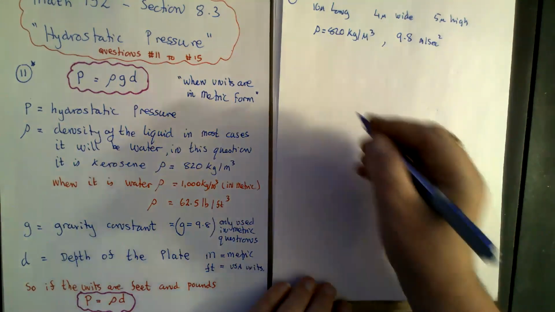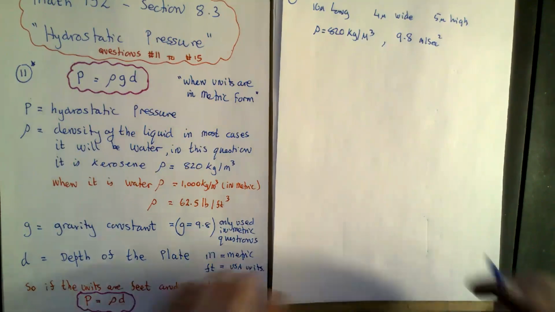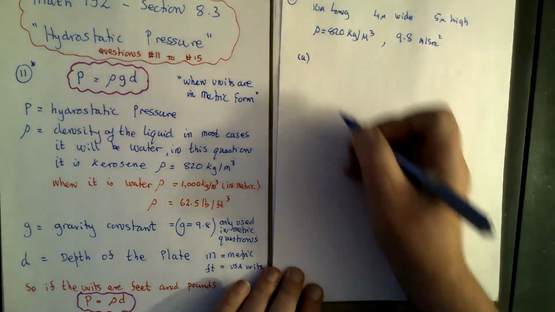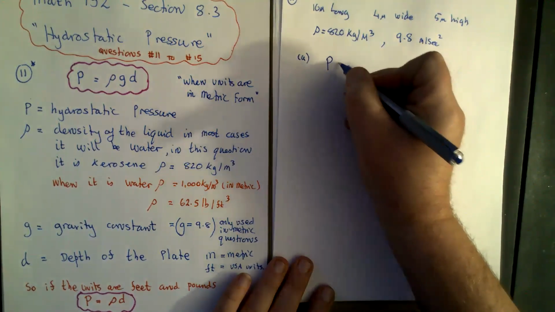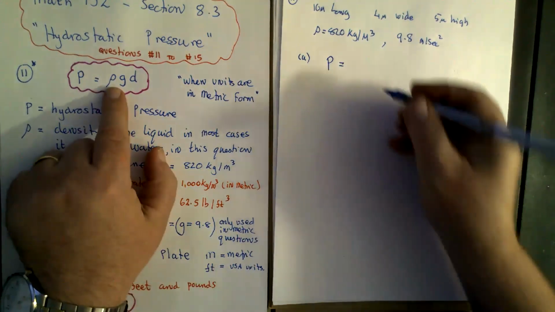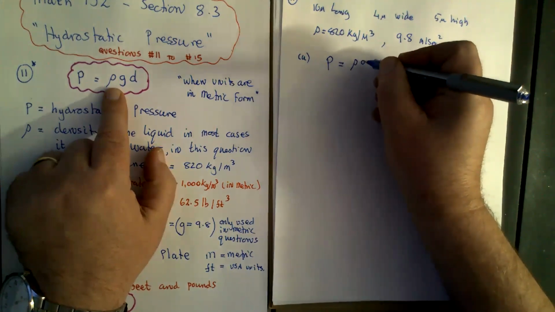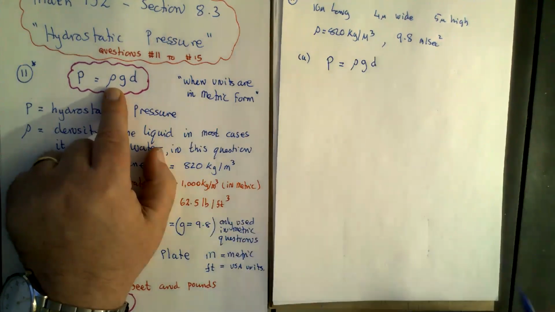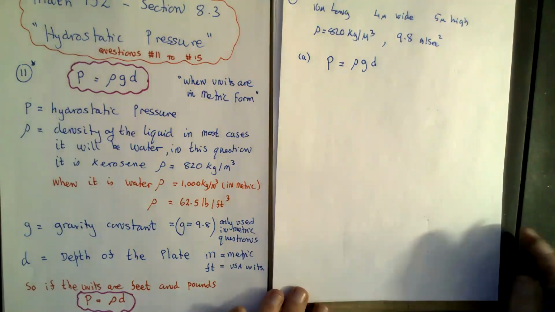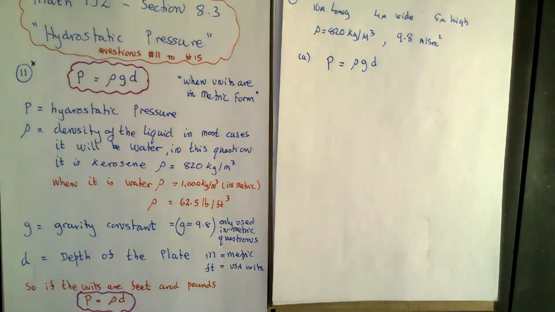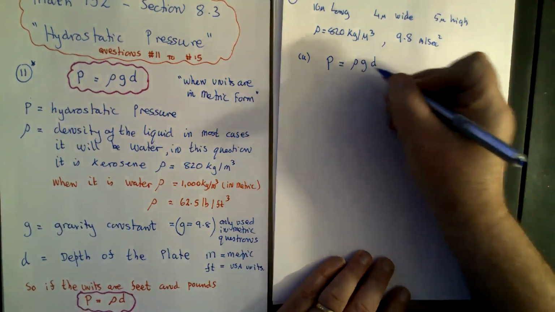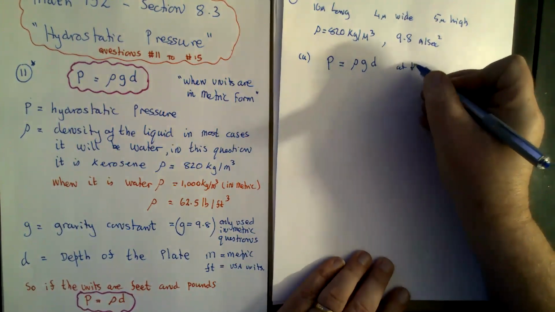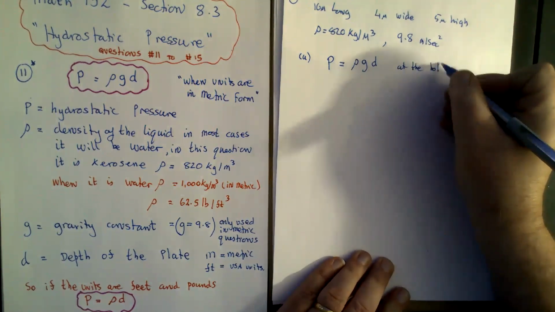And the first question they ask us, question A, is to find the hydrostatic pressure. And the formula for getting that is rho gravity D. And they want to find the hydrostatic pressure at the bottom of this tank.